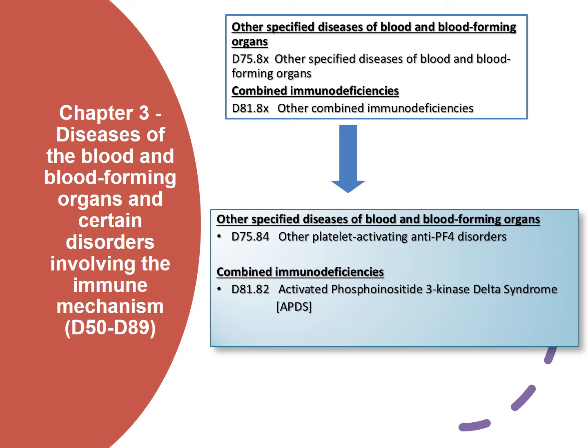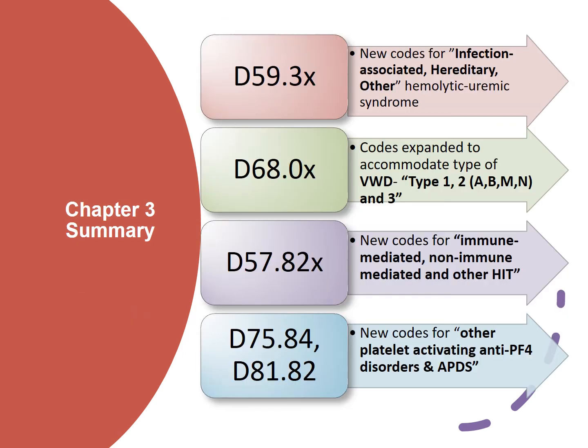It can lead to a low number of WBCs and may result in conditions ranging from recurrent infections to lymphoma. Till now, there was no specific code, so they could not track and treat appropriately. From this year onwards, as a specific code is there, I think maybe better treatment will be provided to patients. These are the changes for chapter 3.